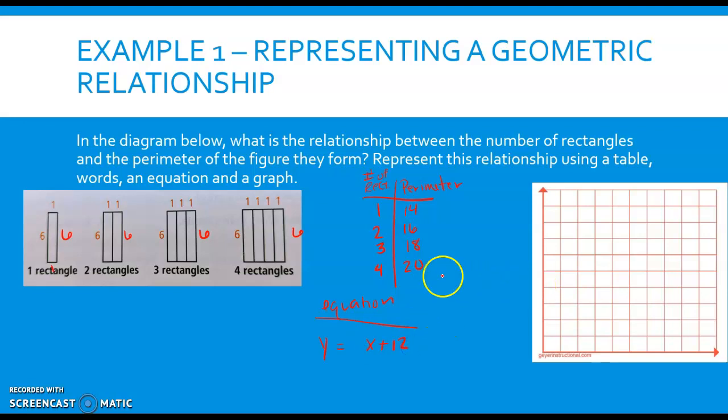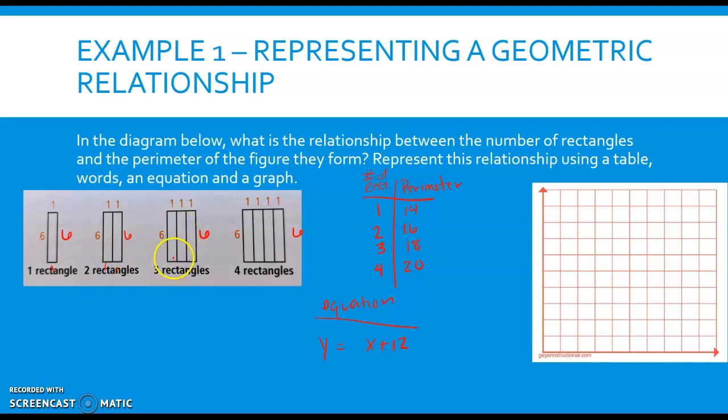Why? Because each time we always had that 6, two 6s. That was the same every time. What changed was our number of ones. So in one rectangle, we had 2 1s, right? And in two rectangles, we had 4 1s because we'd have our 1s down here.